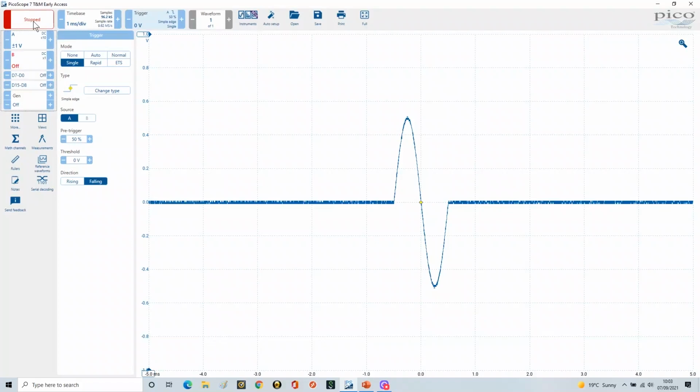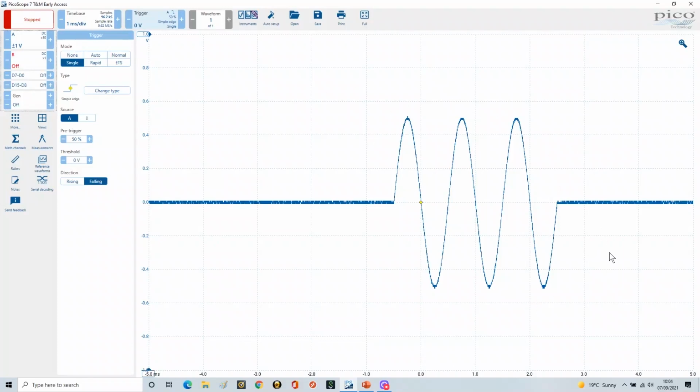As soon as I arm the trigger, it's going to run and it's going to look for the event, and now it's captured the 3 signals, but once again it stopped because it's completed its triggering event and it's not going to change it.